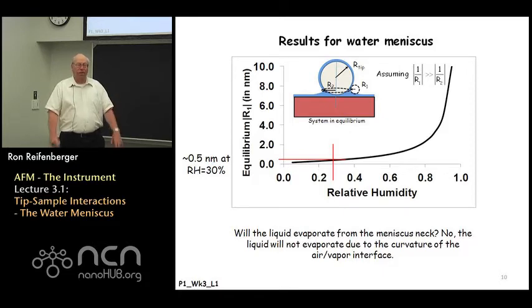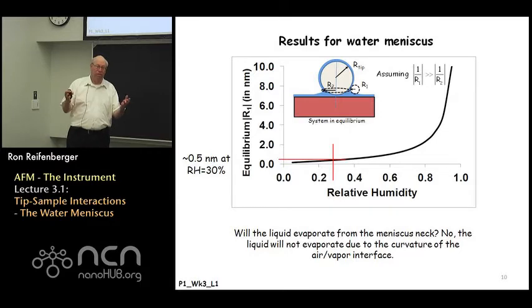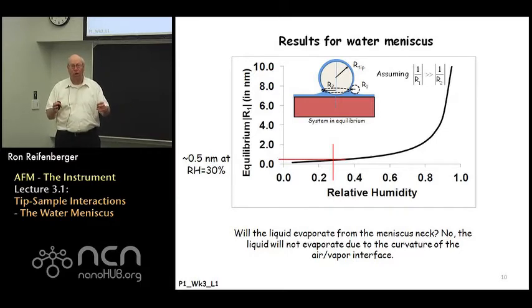Students often think that the water meniscus that forms between the tip and the substrate is so small that it's going to evaporate very rapidly. That's not the case. In fact, the Kelvin equation tells you that water vapor will condense into that tiny region between the tip and the substrate, and water will continue to condense until the radii R1 and R2 match that given by the Kelvin equation.